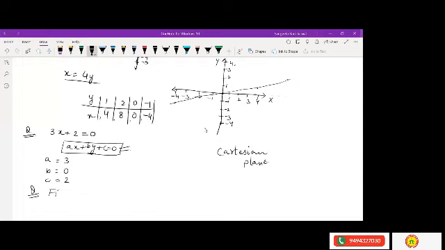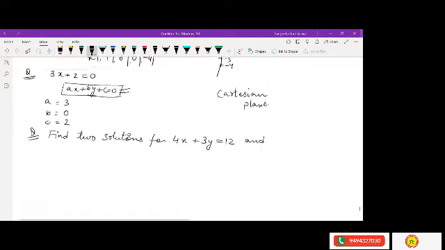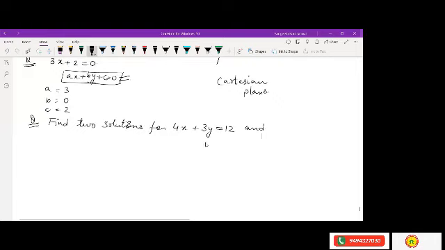Okay. Next question is find two solutions for 4x plus 3y equals 12 and plot it on a graph. Find 4 solutions of this equation and plot them on the graph.